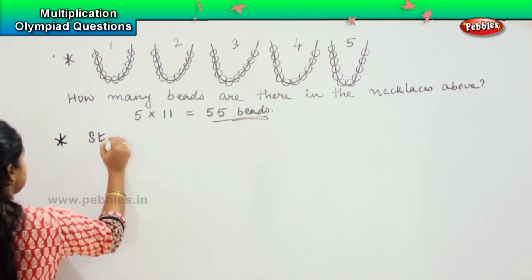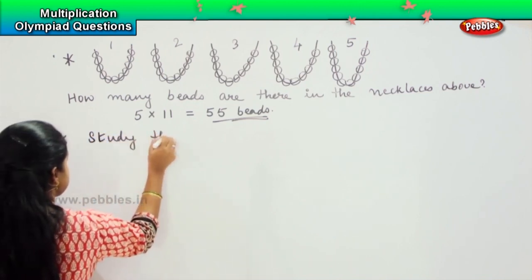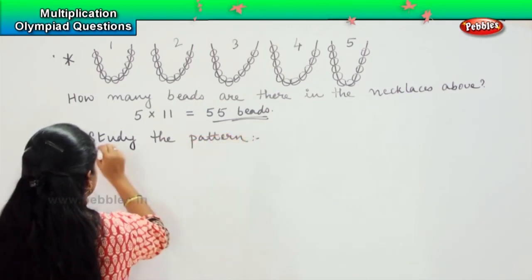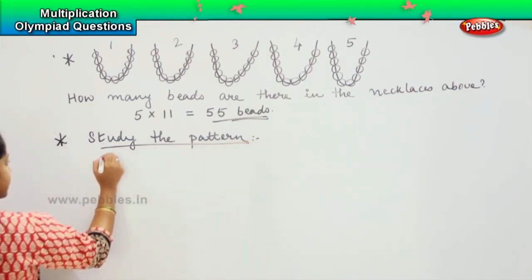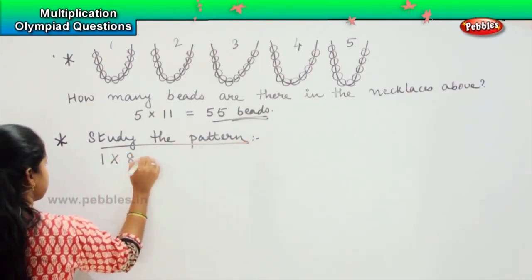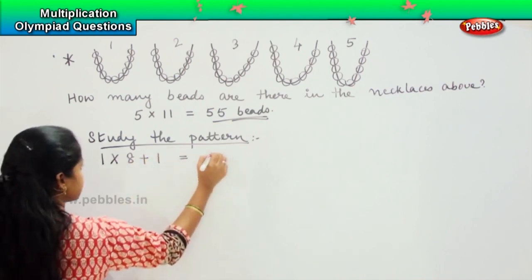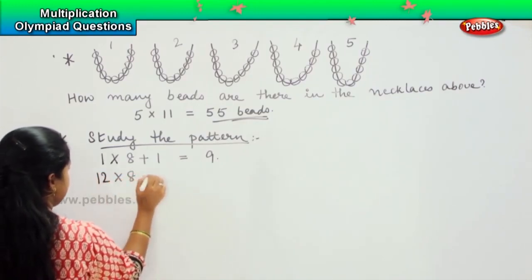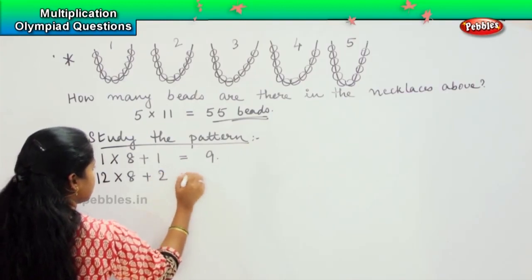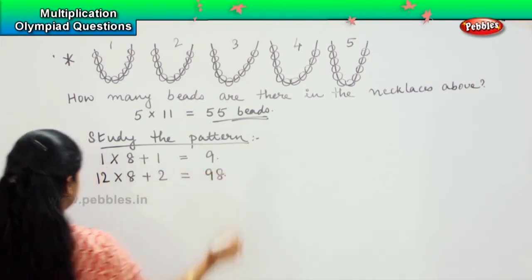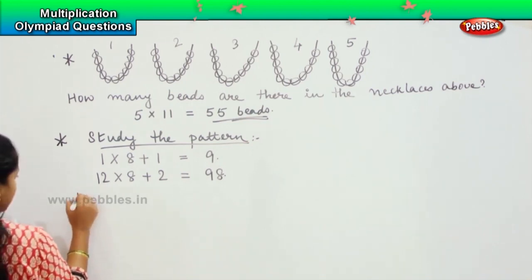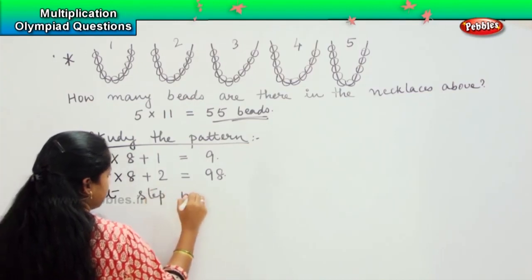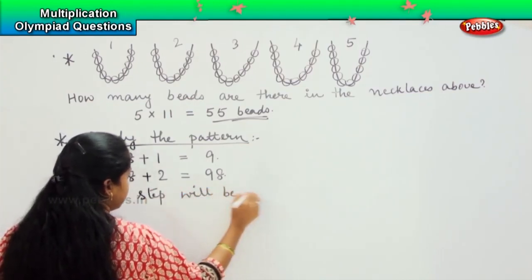You need to study the pattern. Okay, the first one says 1 into 8 plus 1 is equal to 9. 12 into 8 plus 2 is equal to 98. Okay, so the next step will be dash.